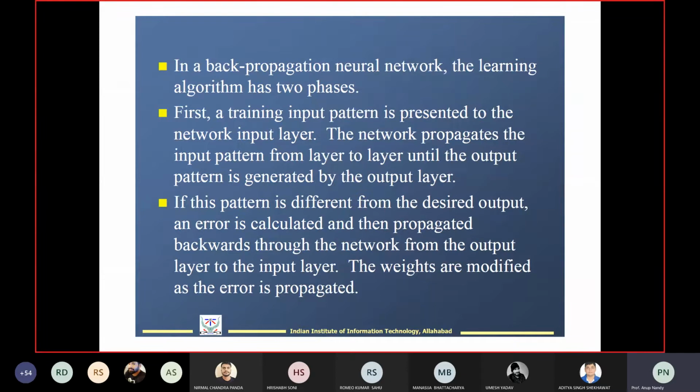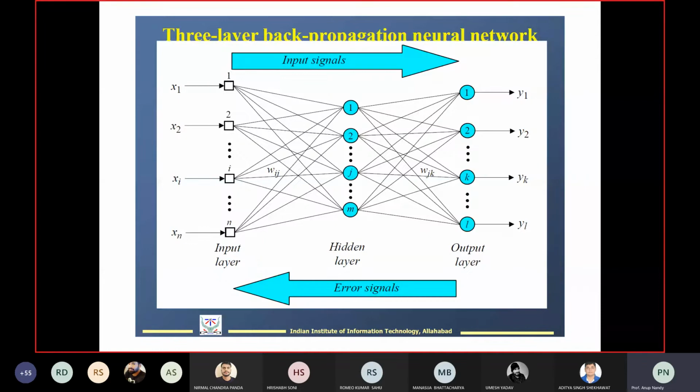Whenever you back propagate, the weights are modified as the error is propagating, because, as I already told you, each neuron uses an activation function, and the weights and bias play around these functions. So these are the things.